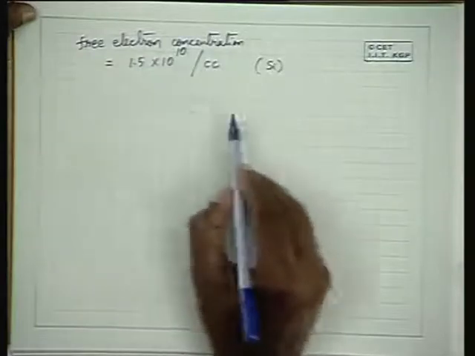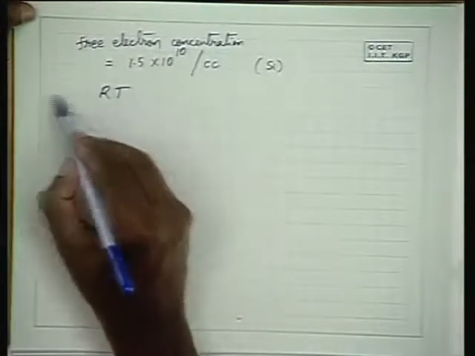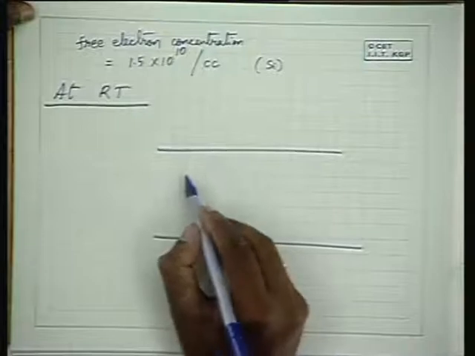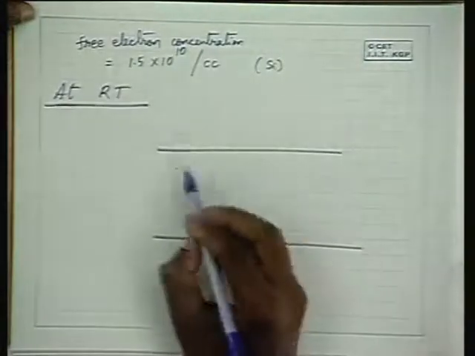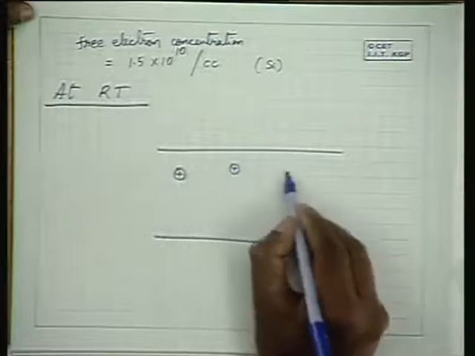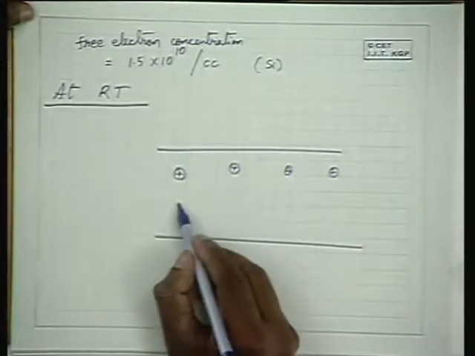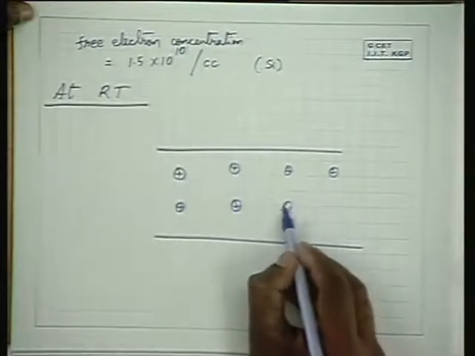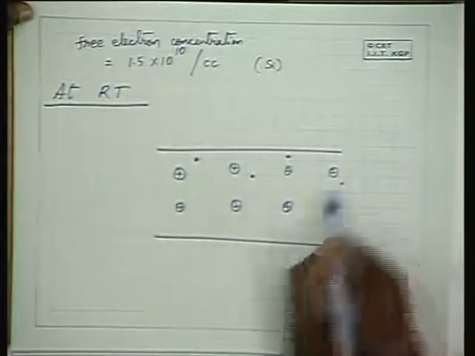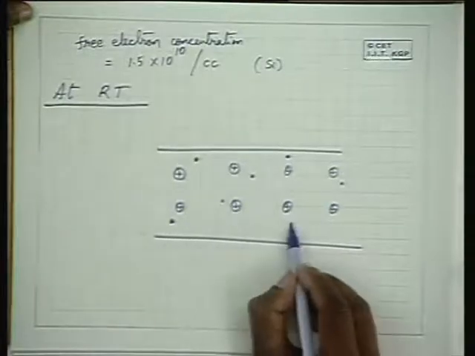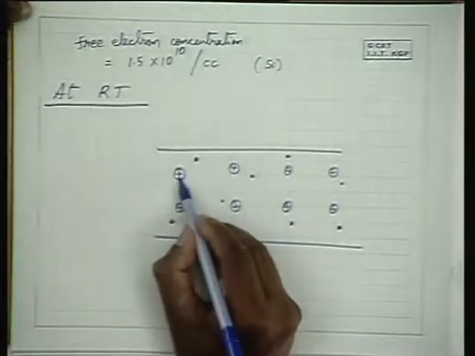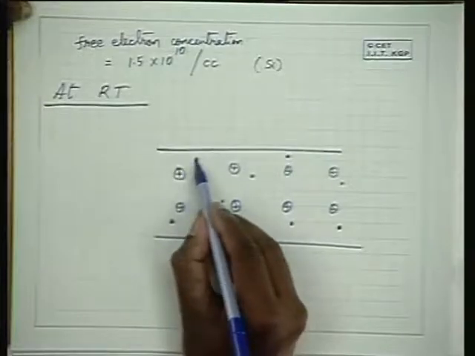If you look at the bulk of a material at room temperature, with so many atoms within that, some of the atoms may have a dislodged electron, and as a result there will be a net positive charge on that particular atom or ion, and there is a free electron here.